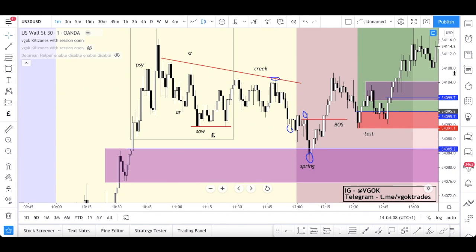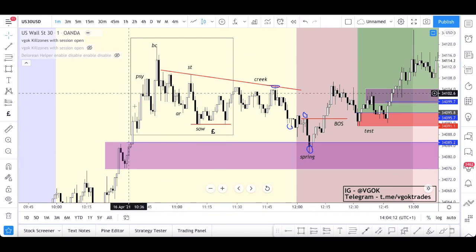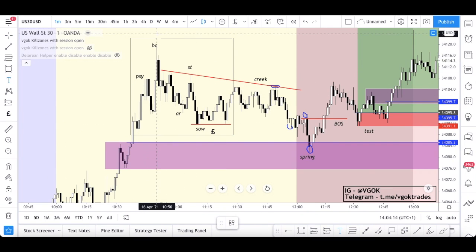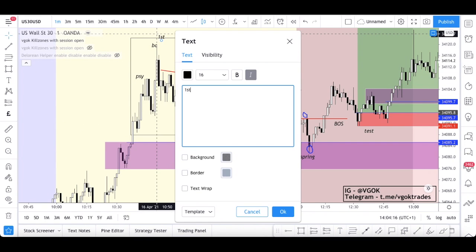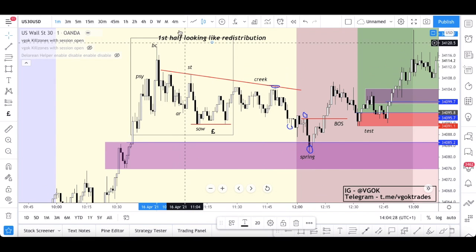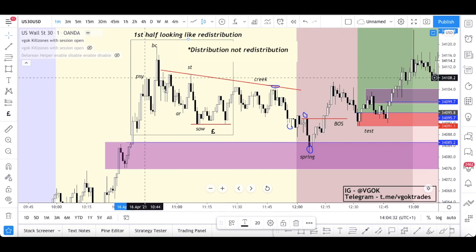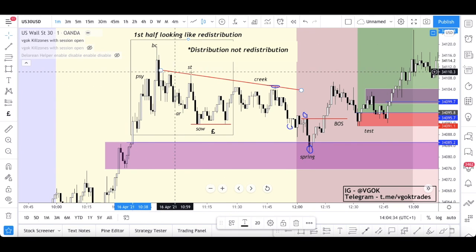Now, this is where marking up reaccumulations and redistributions can be tricky, because the first half is always going to be looking like a distribution. So the first half looks like redistribution. And I'll make that larger. There you go. So we have the first half of the reaccumulation, which looks like the distribution, and it has a creek in this scenario.